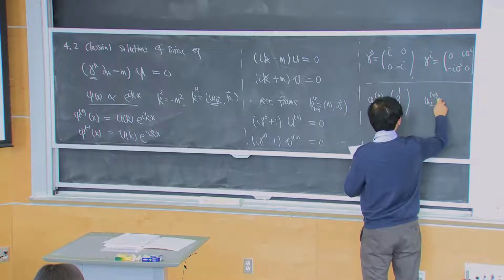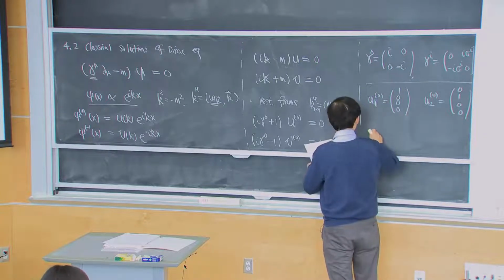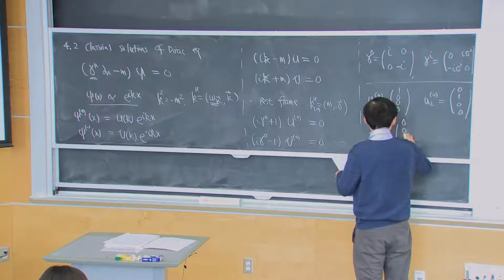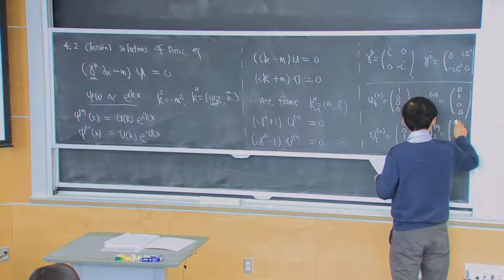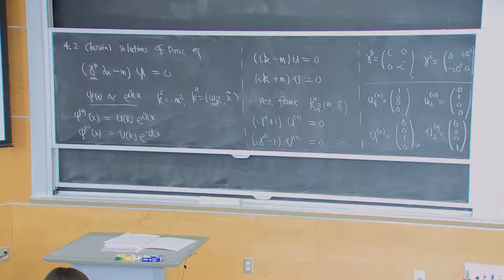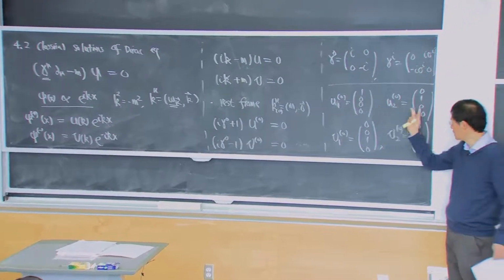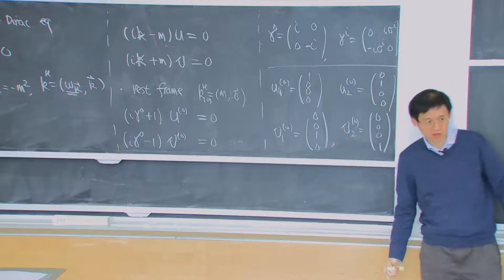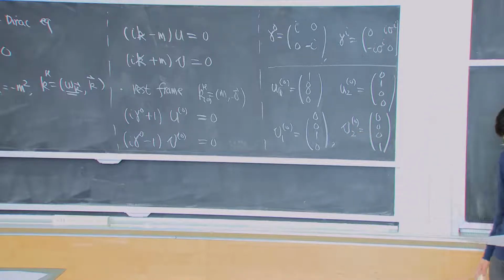We discussed this at the end of last lecture; here I'm just reminding you. In this rest frame, the solutions are particularly simple. You have two independent solutions, and you can take an arbitrary linear superposition of them, because we are solving linear equations. Similarly for v, you can take arbitrary linear superpositions of these.